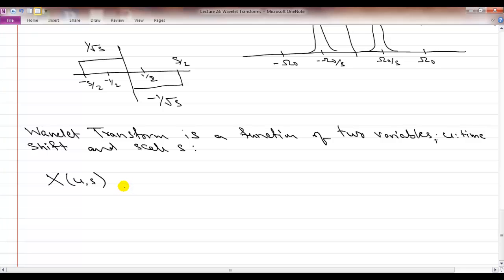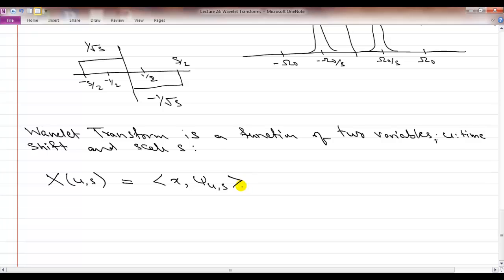So u for time shift, s for the scale, and that is simply given by the inner product between x and psi u s, where the inner product is defined on L2R.